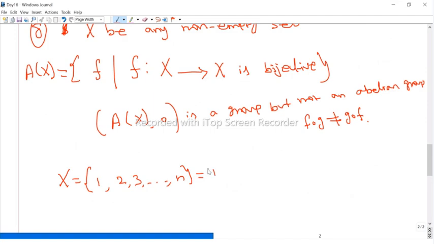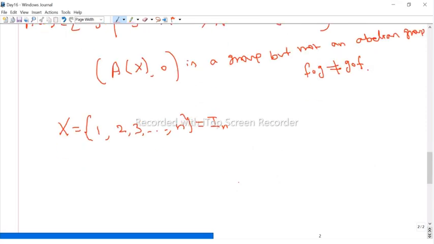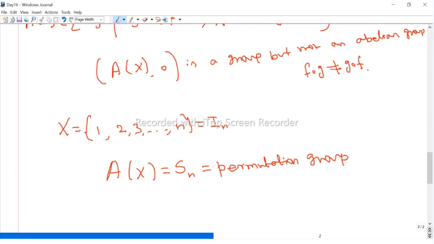Another way of writing this set is to denote it I suffix n, that means the first n natural numbers. Now if X is a finite set, then A of X is nothing but what we denote S suffix n. We call it a permutation group, the permutation group on n symbols.